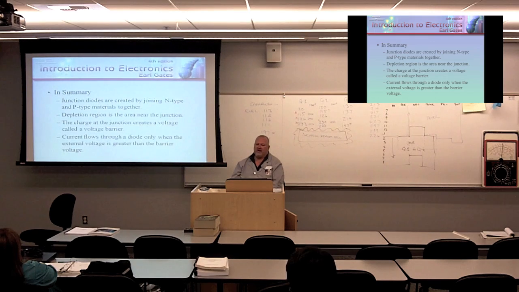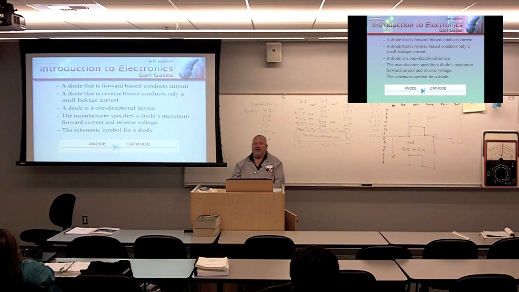Okay, in summary, junction diodes are created by joining N-type and P-type materials together. Depletion region is the area near the junction. The charge at the junction creates a voltage called a barrier voltage. Current flows through a diode only when the external voltage is greater than the barrier voltage.